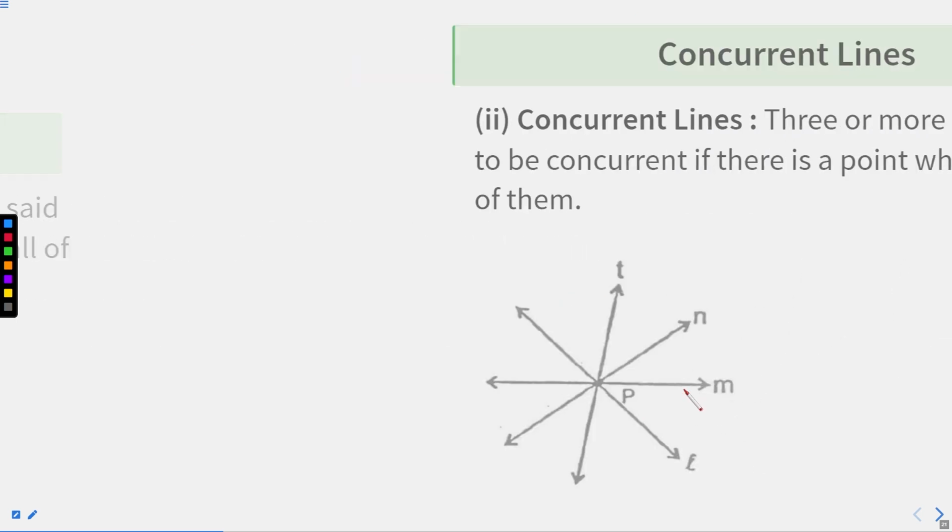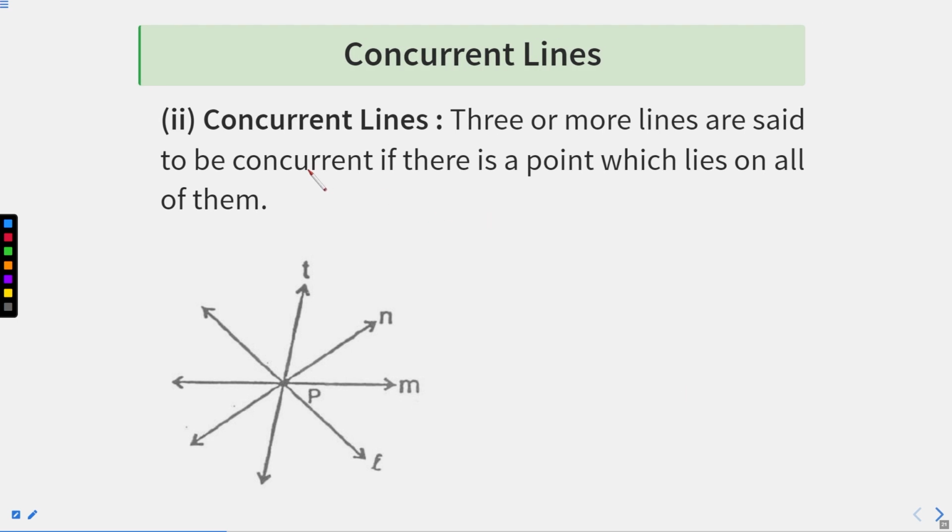Let's move. Now, concurrent lines. Concurrent means three or more lines are said to be concurrent if there is a point which lies on all of them.